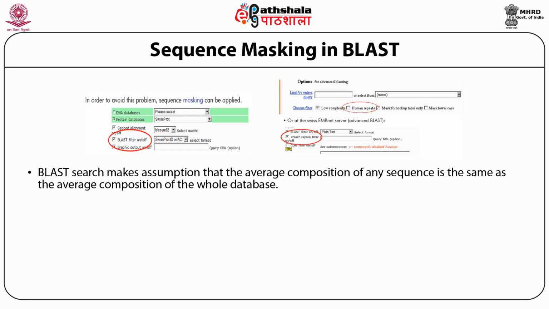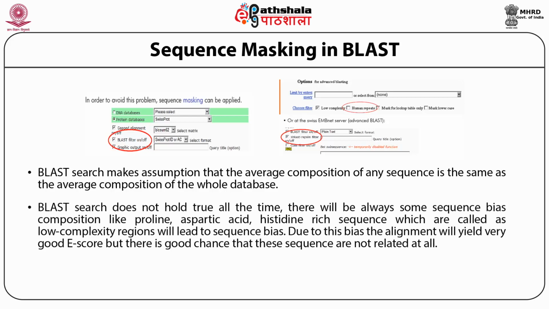So BLAST assumes this as a default. This does not hold true all the time. So there will always be some sequence compositional bias, like proline-rich, aspartic acid-rich, histidine-rich, which are called low complexity regions, which lead to the sequence bias.